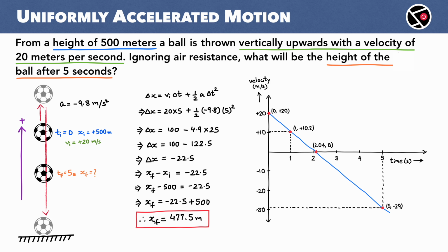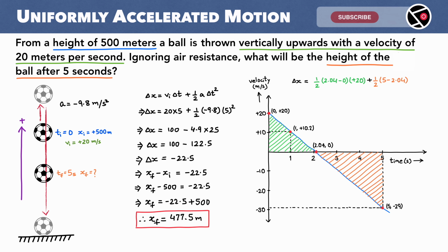The displacement delta x is the area under the velocity plot. Delta x is the area of the green triangle, half times base of the triangle, 2.04 minus 0, times height of the triangle, plus 20, plus area of orange triangle, half times base of the triangle, which is 5 minus 2.04, times height of the triangle, minus 29.